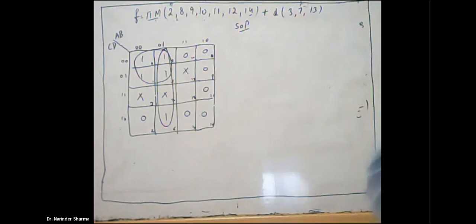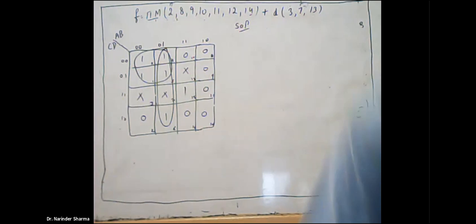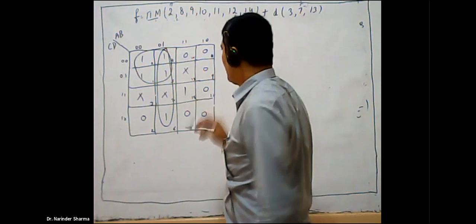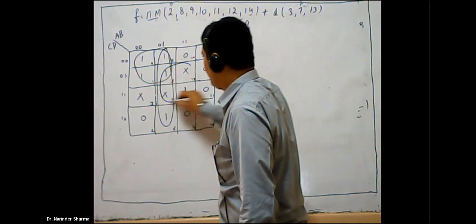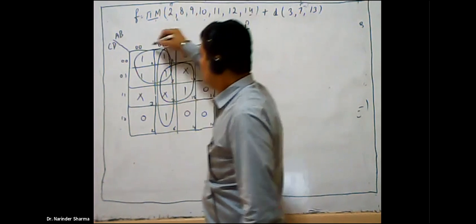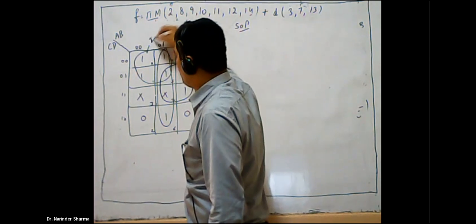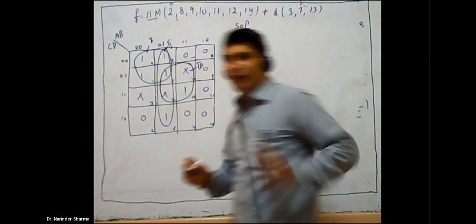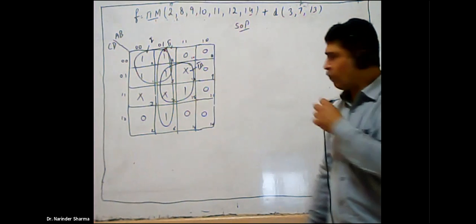Here you can fill up the values. This is again a single one. You should make this quad. Mark group 1, group 2, group 3. Now we have to pursue for the SOP.